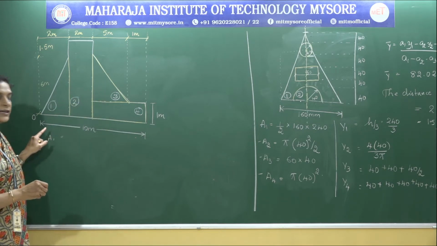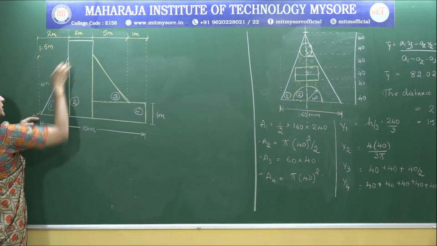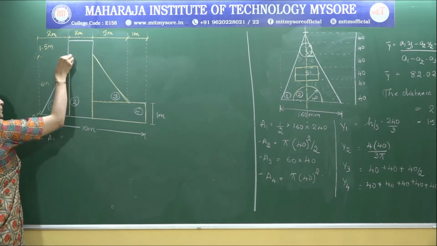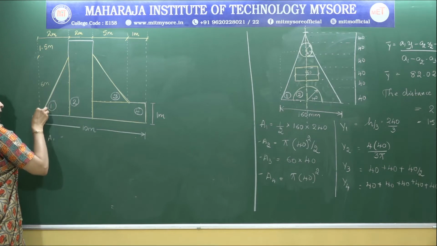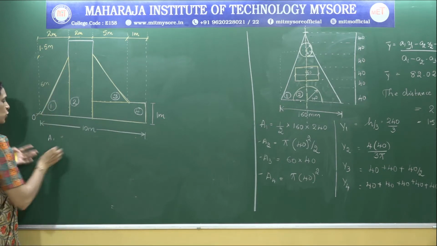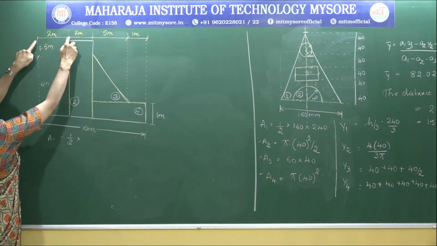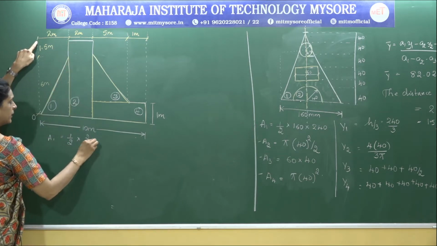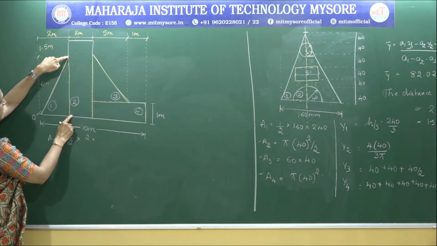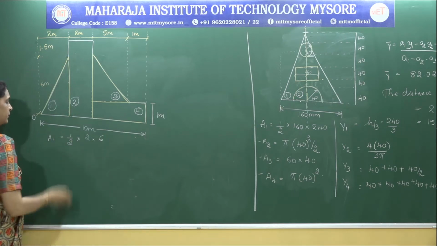Area of the first section. So this is the first section, a right angled triangle. So it is half into base is 2 meter into height is 6 meter.